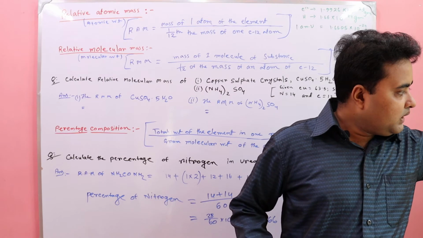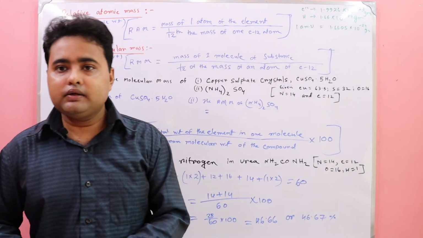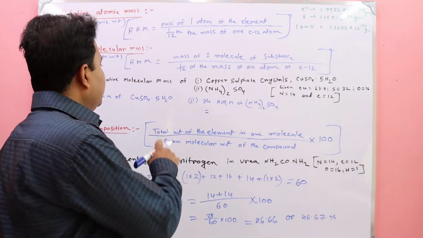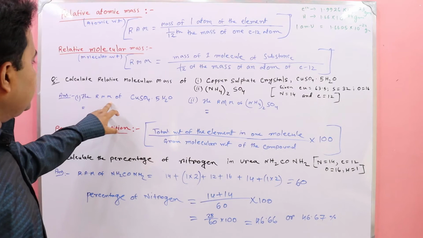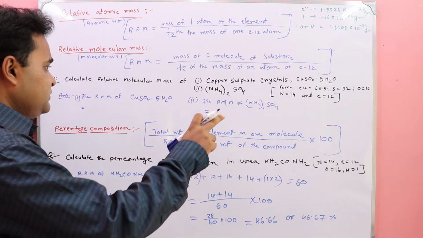So in this type of question, the atomic mass is given individually. Here they ask for the RMM, that is relative molecular mass. So you have to calculate it this way.